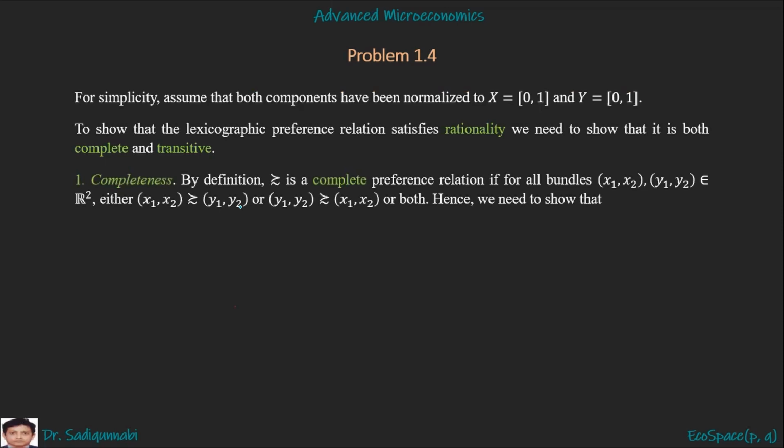So completeness. In problem 1.1, we defined completeness. So what is completeness?